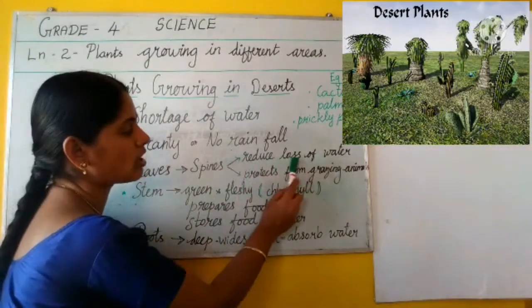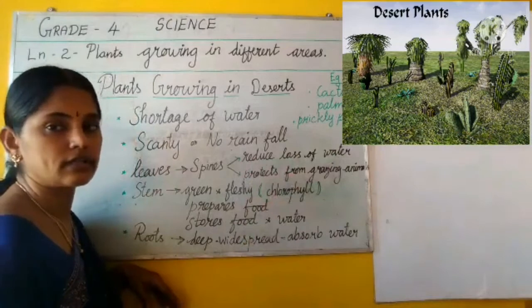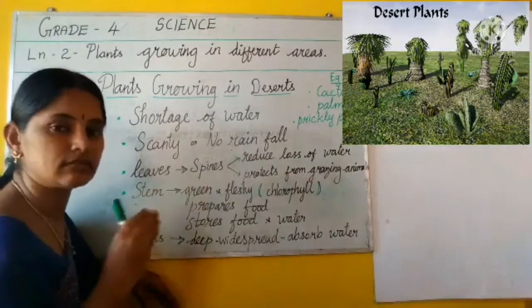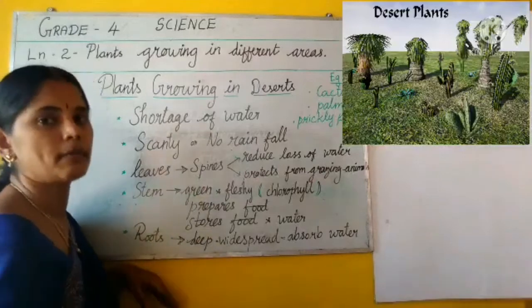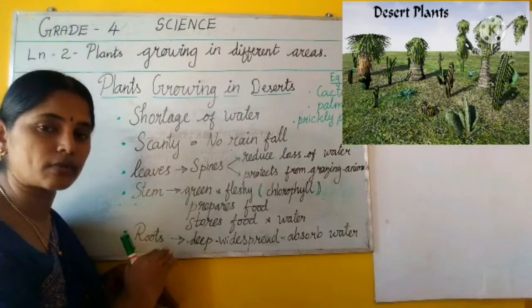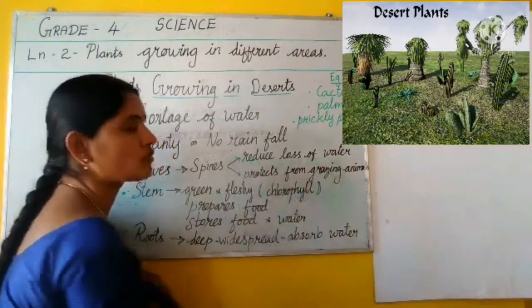The leaves are modified into spines in order to reduce loss of water. Modified means changed.